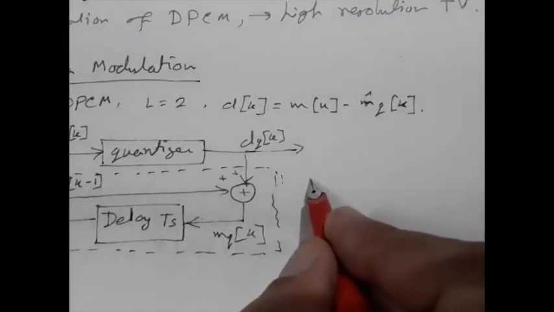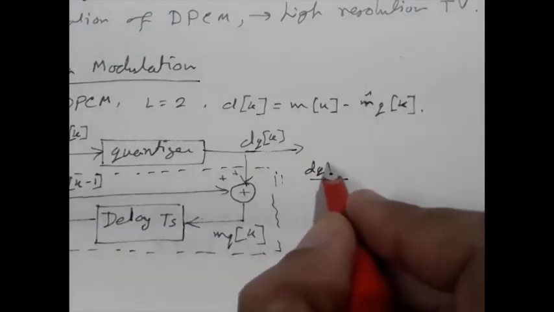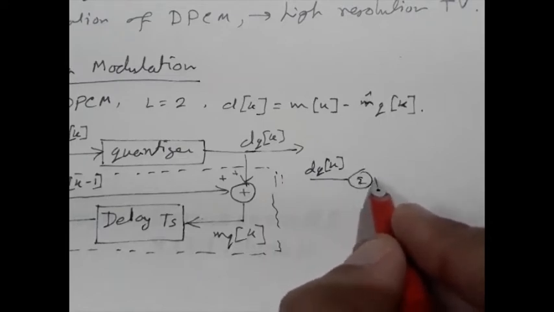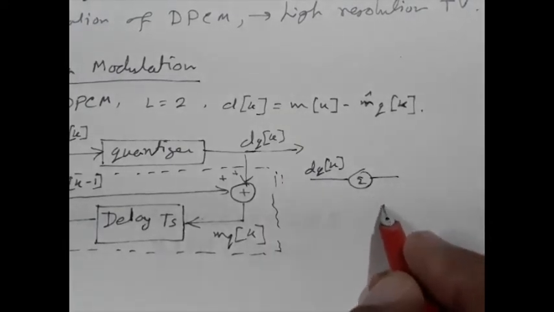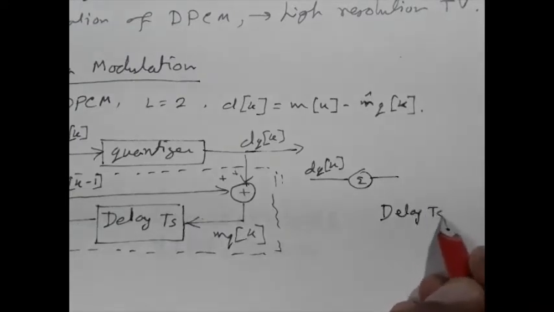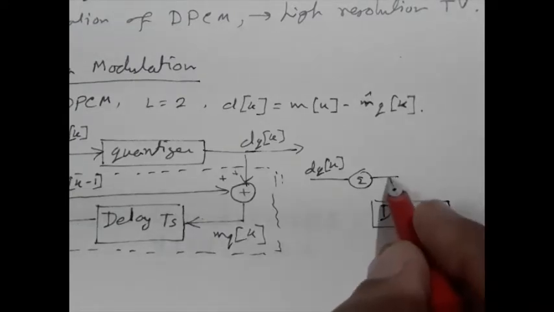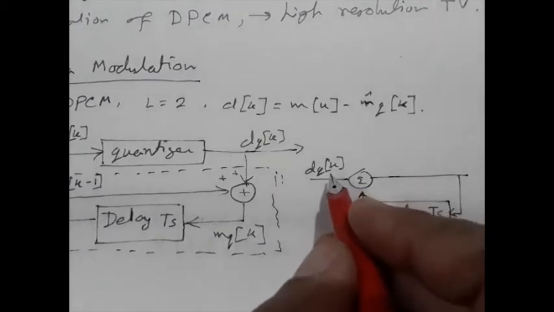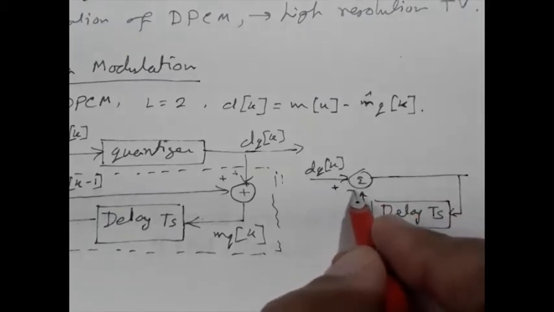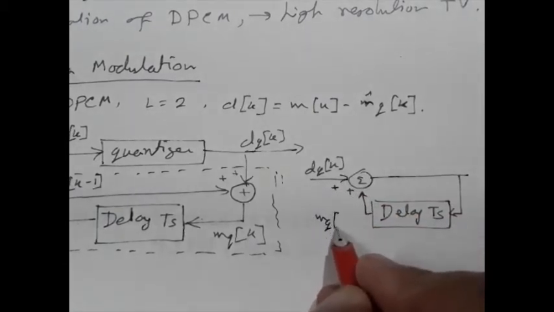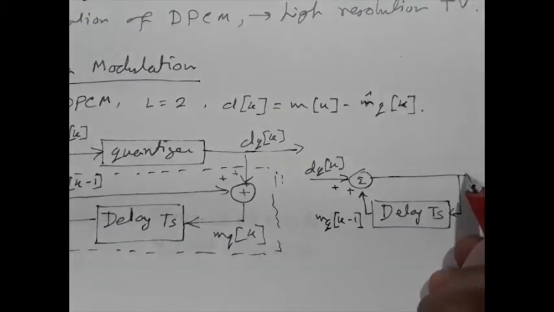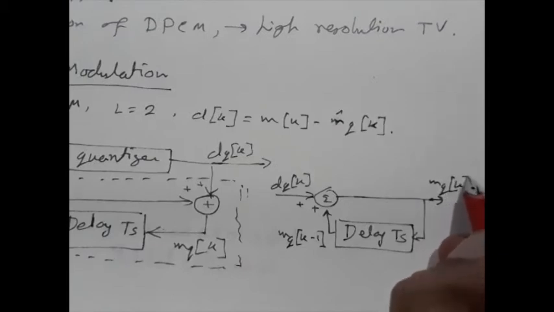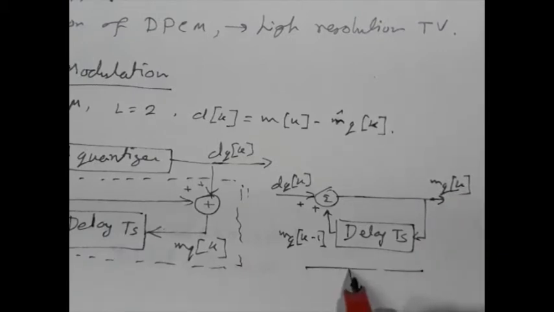So receiver portion, if we draw it in a separate way, so this is the demodulator part.